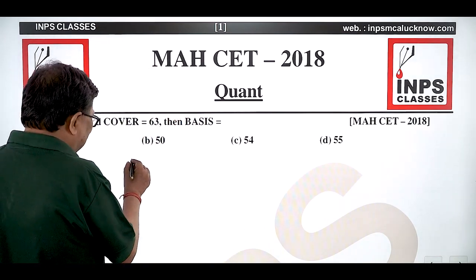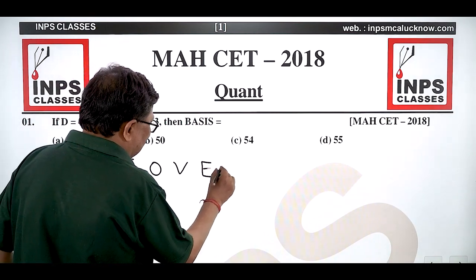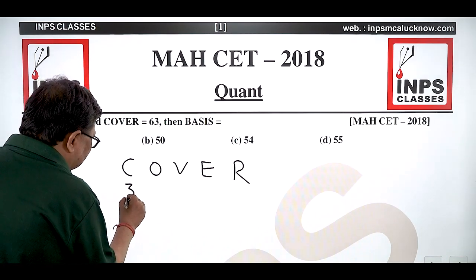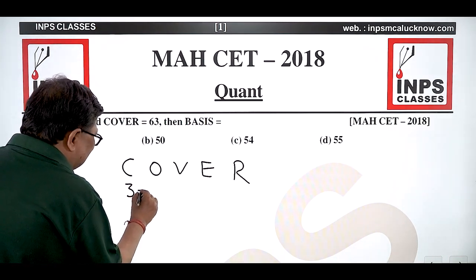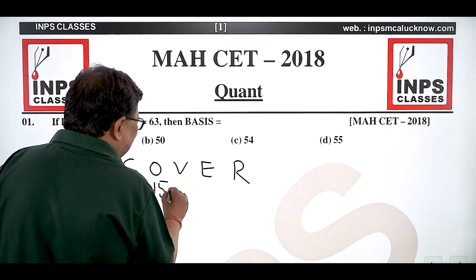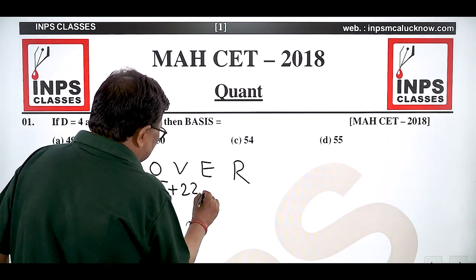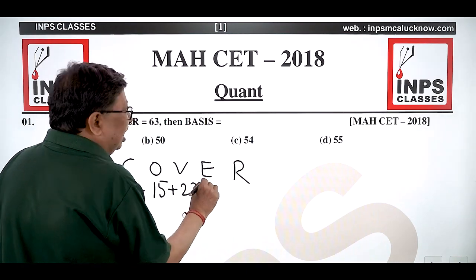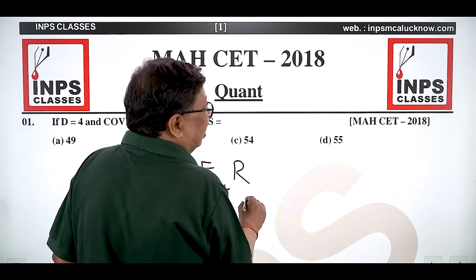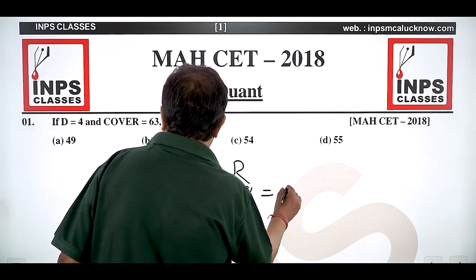Now if we see cover, C is the 3rd letter of the alphabet, O is the 15th letter, V is the 22nd letter, E is the 5th letter, and finally R is the 18th letter, and this total comes to 63.